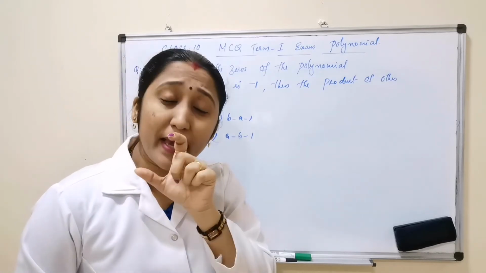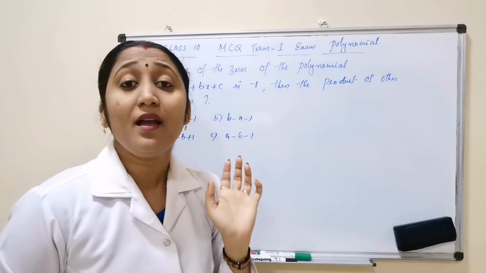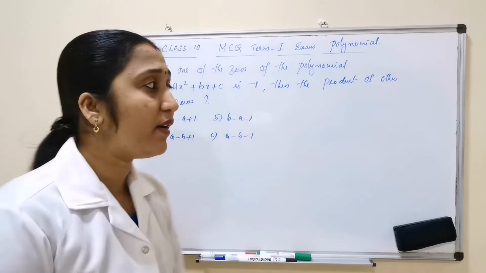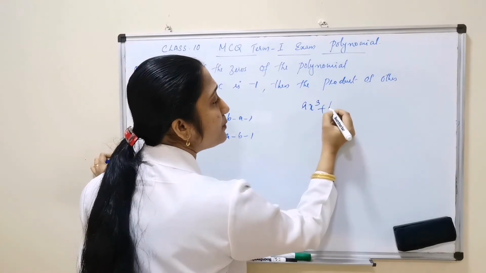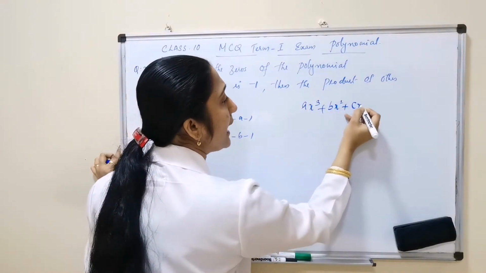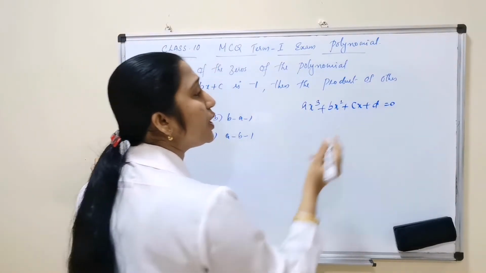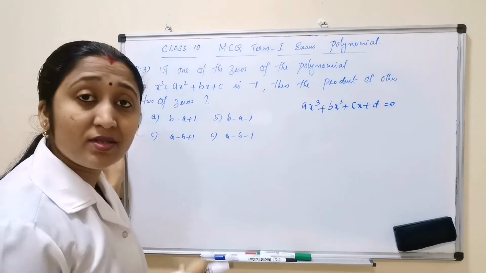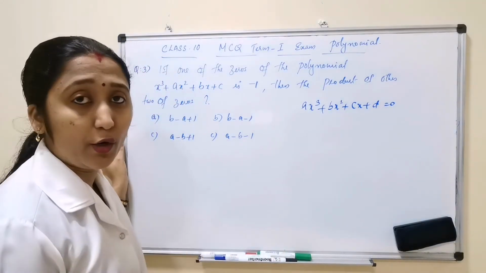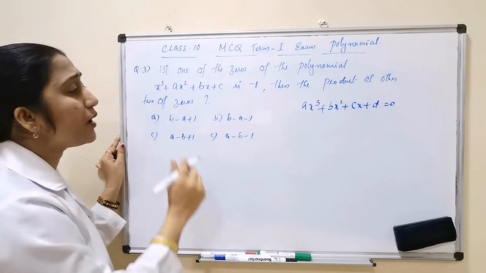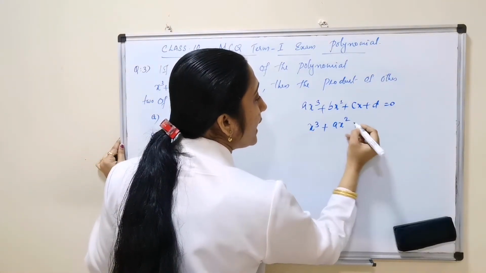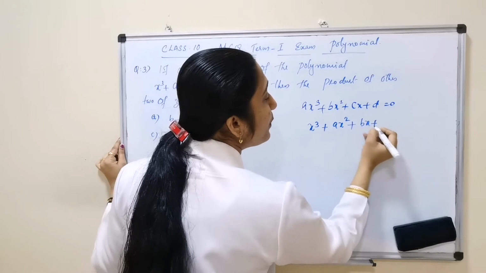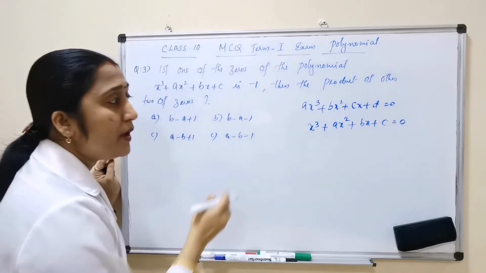Last time we did the standard form of the cubic polynomial. What is the standard form of a cubic polynomial? ax cube plus bx square plus cx plus d equal to 0. But here the given cubic polynomial is x cube plus ax square plus bx plus c equal to 0.